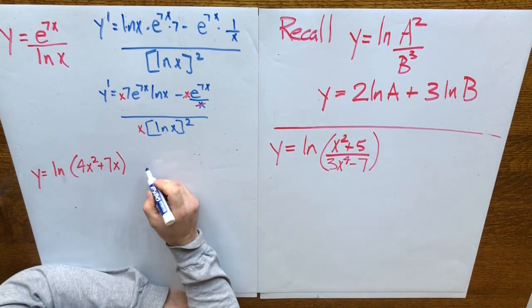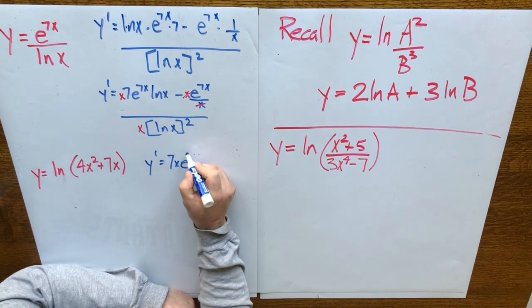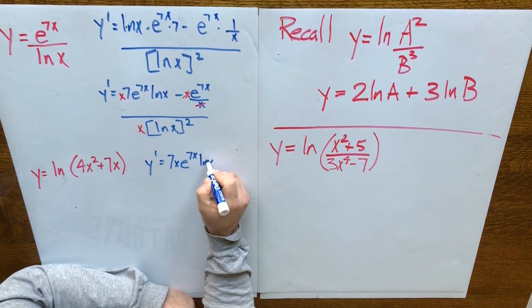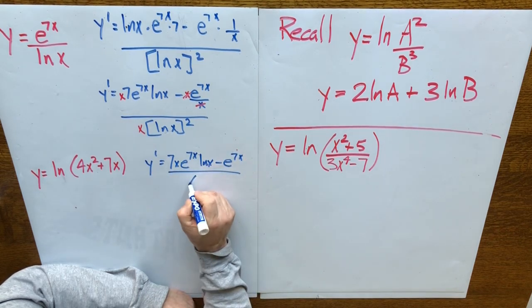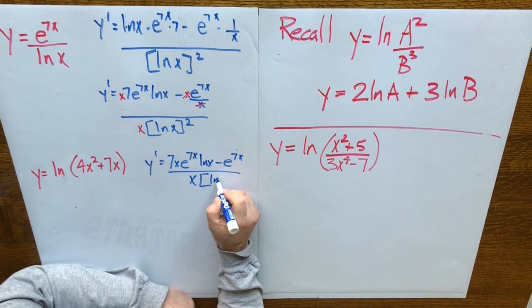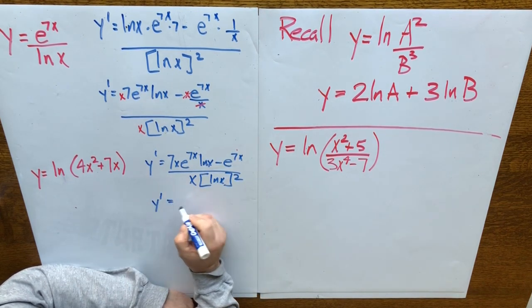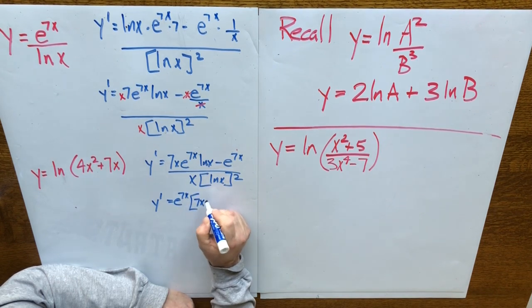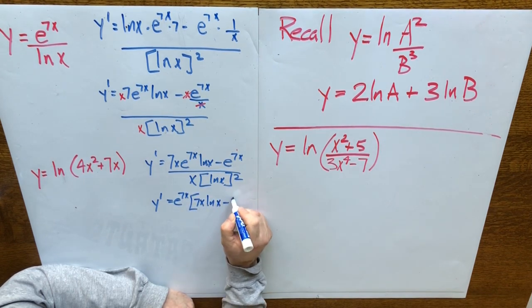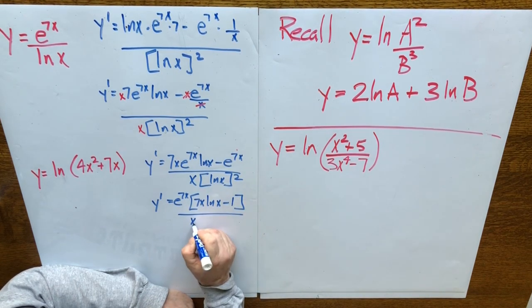Now we have y prime equals 7x e to the 7x ln x minus e to the 7x all over x ln x squared. And the last step will be common factoring out e to the 7x from the numerator.